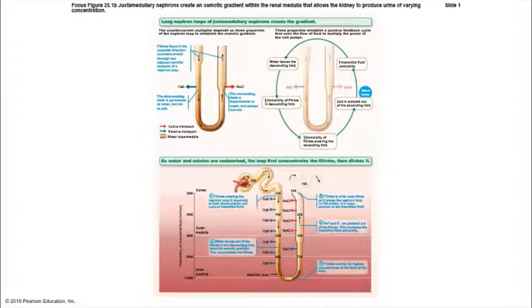Water gets pulled out on the left side in blue, descending limb, and the sodium chloride gets pulled out on the right side in red in the ascending limb. And it gets multiplied. It gets more intense as you go down into the medulla. And so that's how you establish the gradient. It's just the nephron loop doing its normal job.